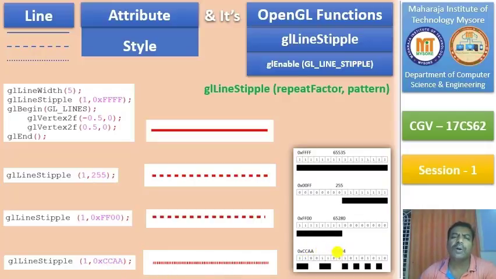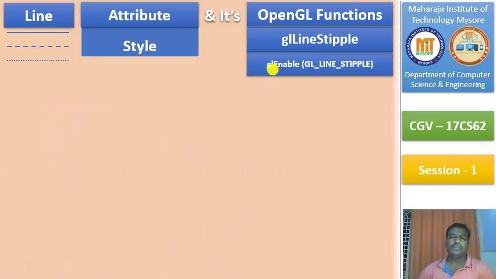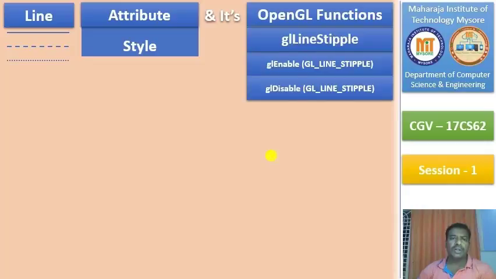Now this is about the line style and the line style OpenGL function, and what you're supposed to do before you make use of the line stipple function in your OpenGL program. Before you end this program, make sure you disable it. If you want to disable the line style, we use GL disable and GL line stipple.